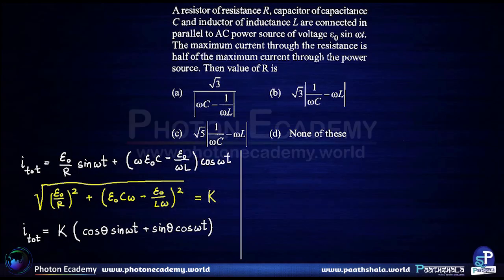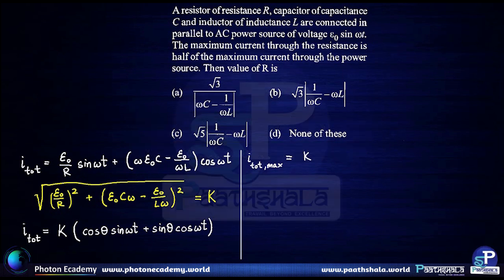So now what is I total max? This is clearly equal to K, since the term inside the bracket is sine of omega t plus theta, which can have a maximum value of 1.